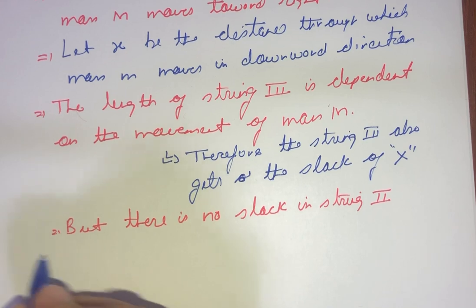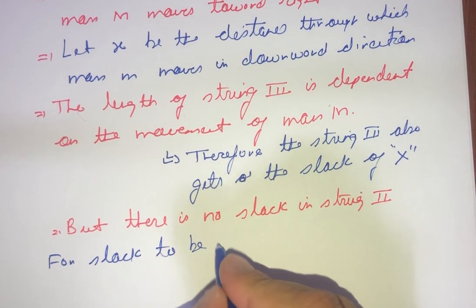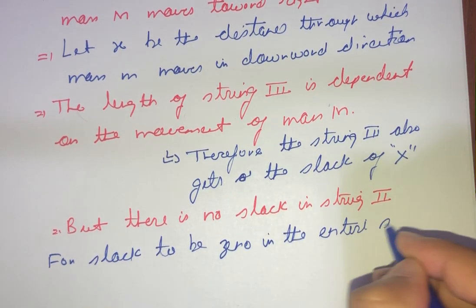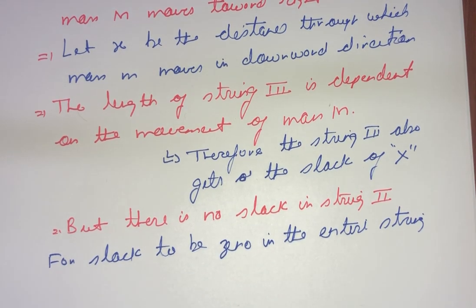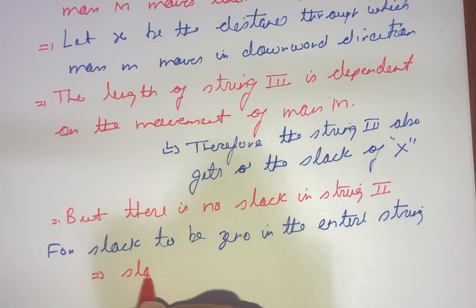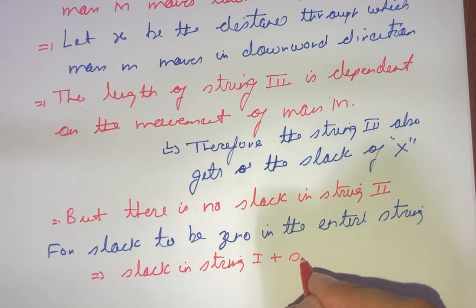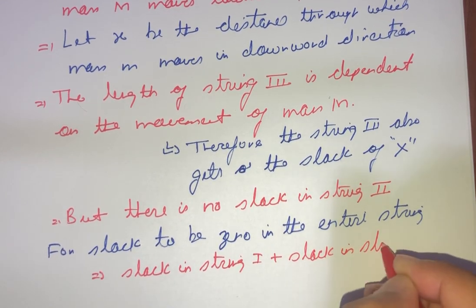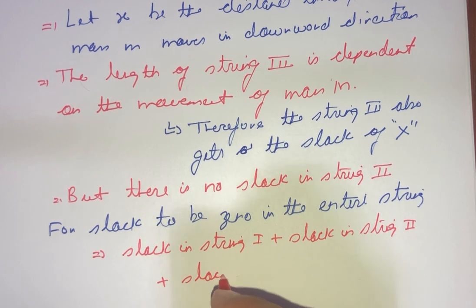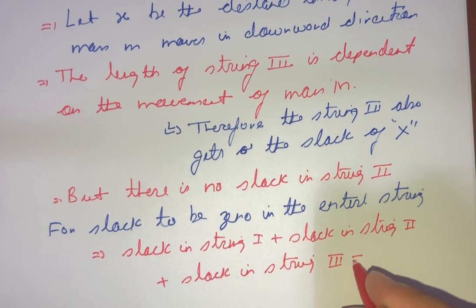So for slack to be 0 in the entire string, slack in string 1 plus slack in string 2 plus slack in string 3 should be equal to 0.